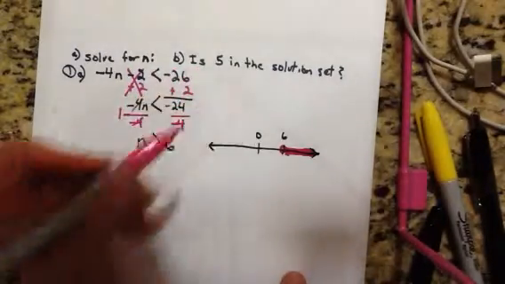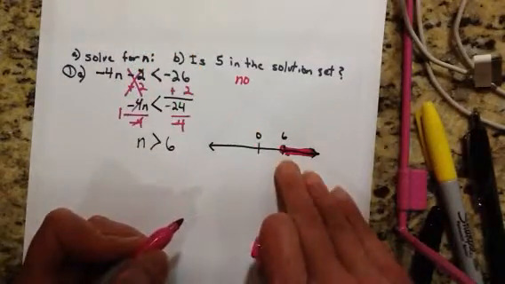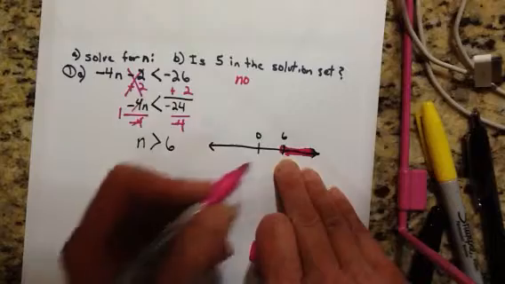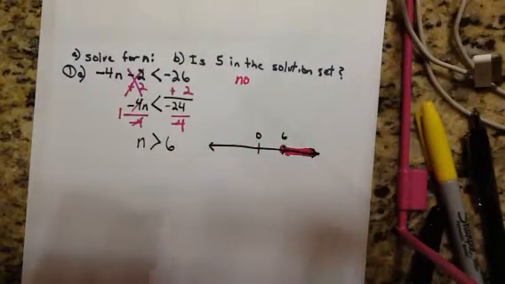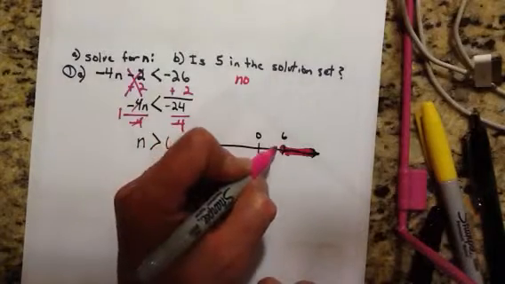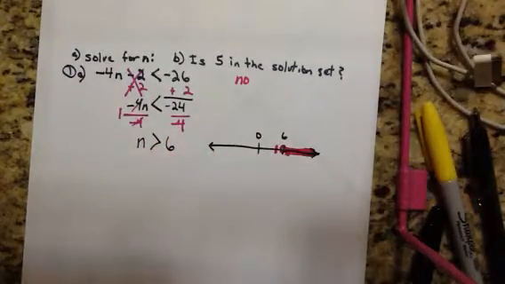So, is 5 in the solution set? No, and I can better see that when I illustrate it with a number line. So no, it is not in the solution set. 5 would be about right here, and we can see that that's not in the solution set.